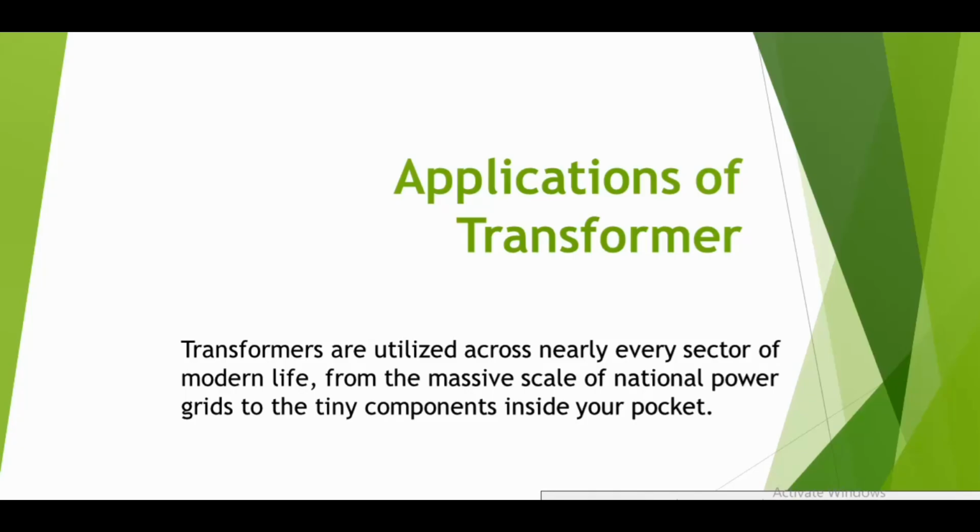Because of the resistance of these wires, some energy is lost in joule heating in the form of I square RT. The plant can supply a fixed power depending on its capacity. If this power is supplied at a high voltage, the current is small.